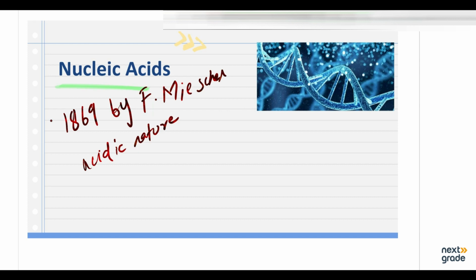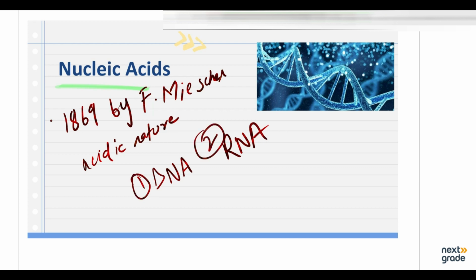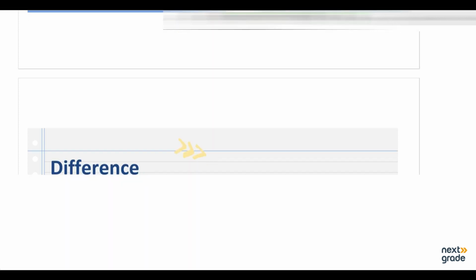Nucleic acids are basically of two types. The first one is DNA, the deoxyribose nucleic acid, and the second one is RNA, the ribose nucleic acid. So let's move on.